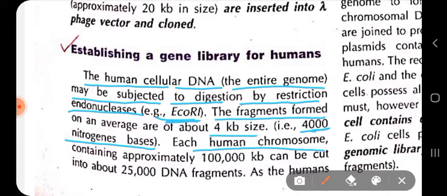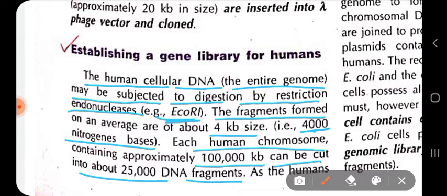Each human chromosome contains about 100,000 kilobases and can be cut into about 25,000 DNA fragments. As the genome is very large, a single chromosome contains about 100,000 kilobases, and out of that one chromosome we can prepare up to 25,000 DNA fragments.